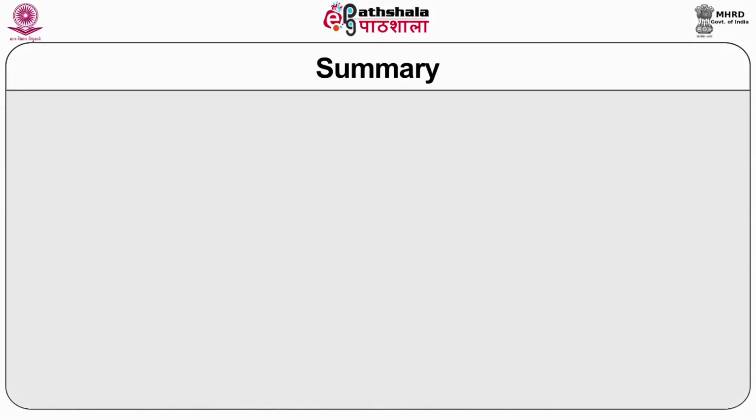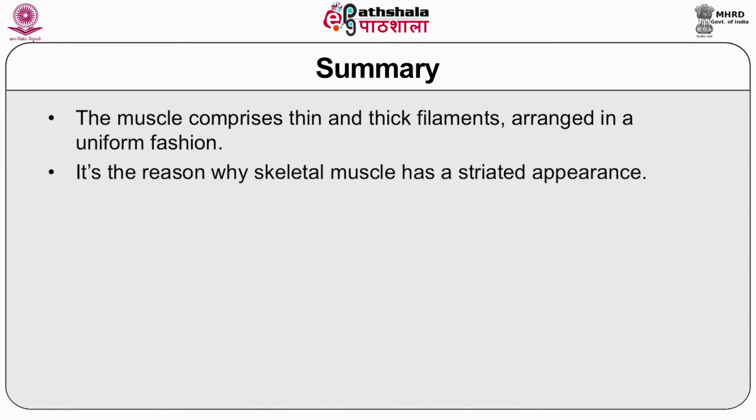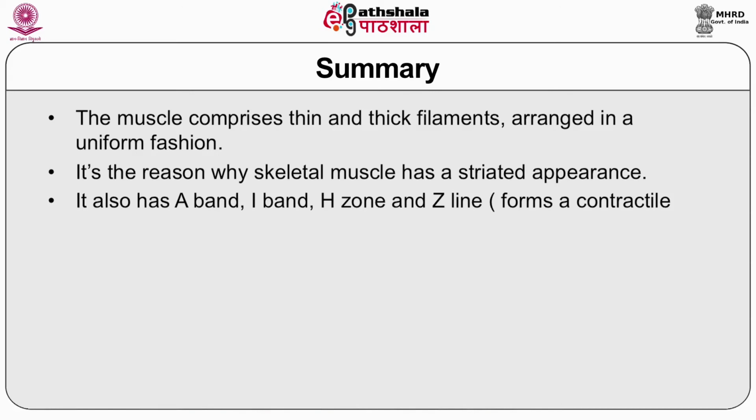Now, let us summarize. The muscle comprises thick and thin filaments which are arranged in a uniform fashion, and it is the reason why skeletal muscle has a striped appearance. It also has A band, I band, H zone and Z line. Now, the Z line forms the boundary of the sarcomere, the contractile unit.